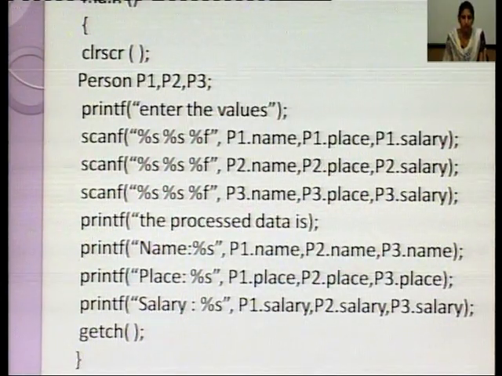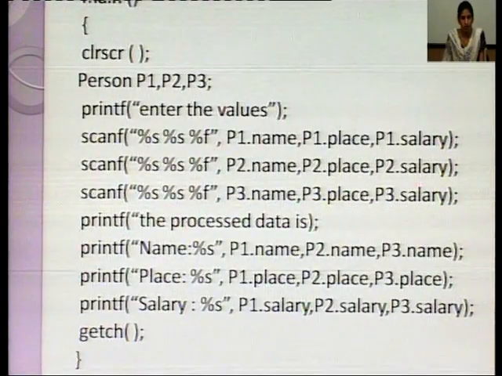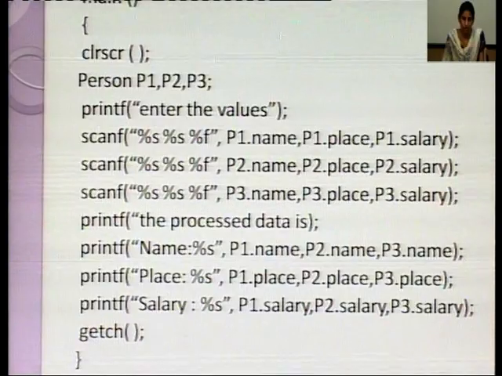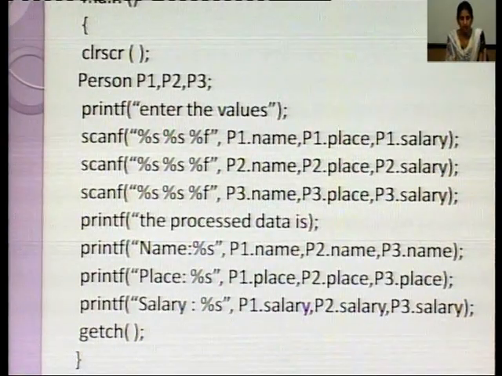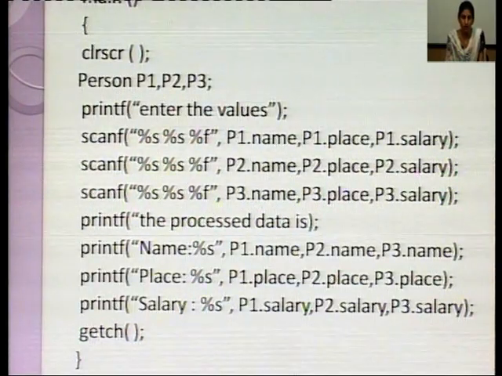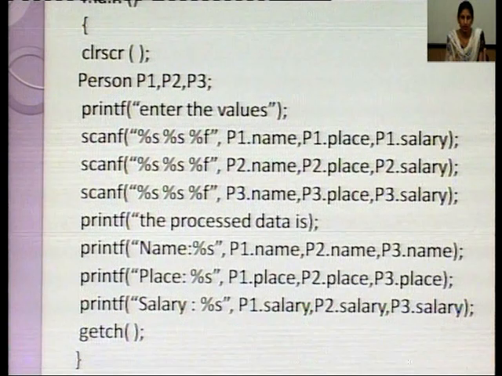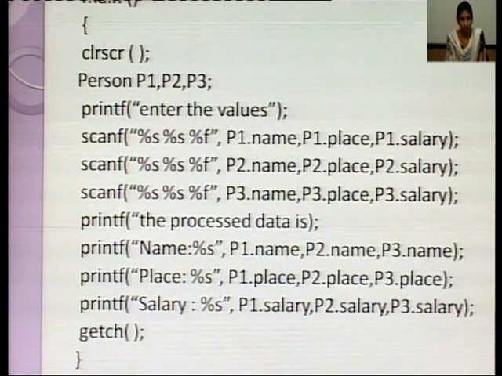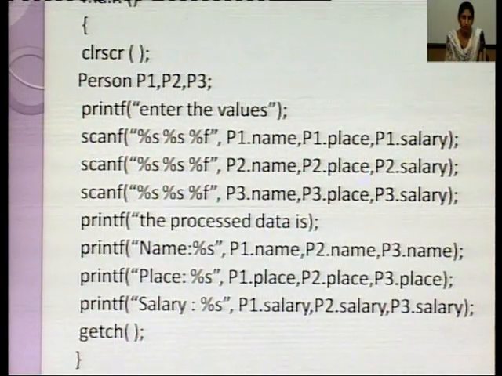Then printf statement, the processed data, it will only display this string on the screen. Then we will display the processed data. That is printf name, format specifier, then p1.name, p2.name and p3.name.